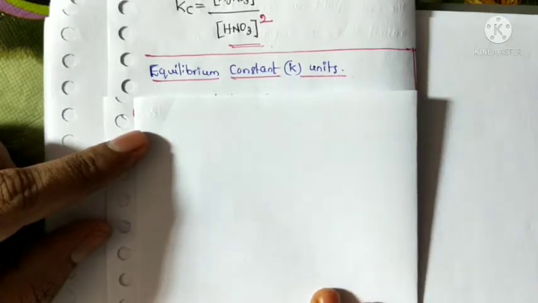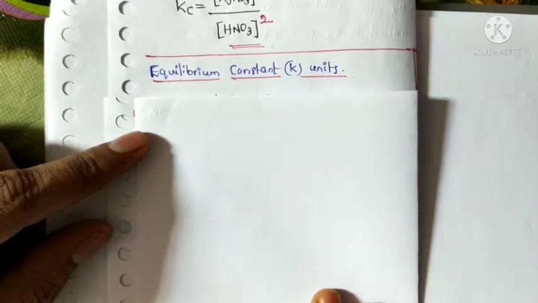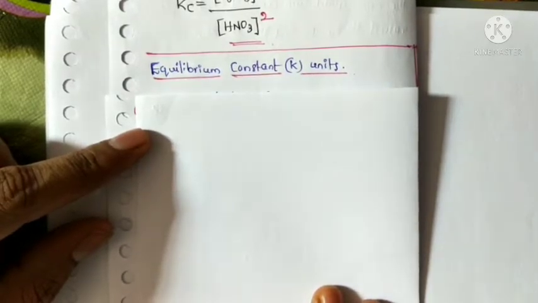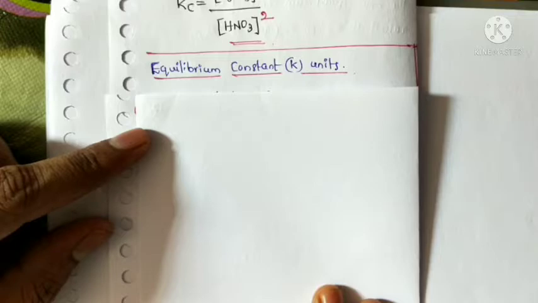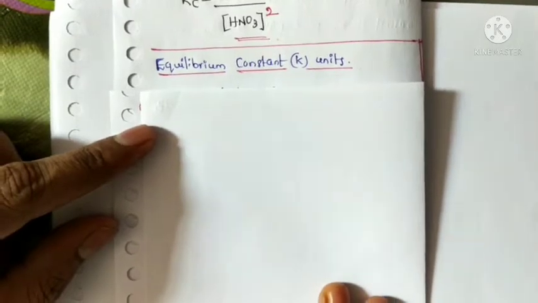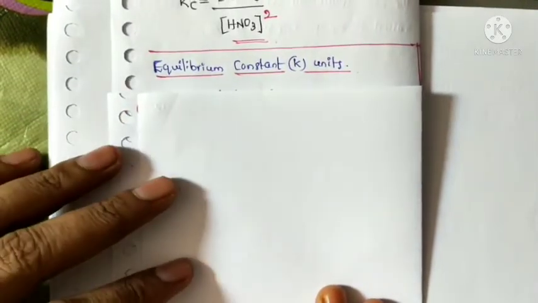That is, reactants and products have different phases: liquids, gases, aqueous, like this. Homo means all are in the gaseous phase, that is, the reactants and products. Very important in heterogeneous equilibrium: for pure liquids and pure solids, the concentration is always unity, or the partial pressure is always unity.